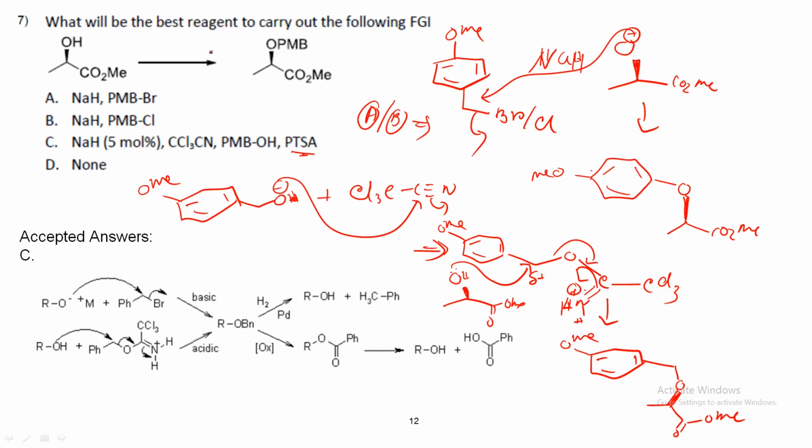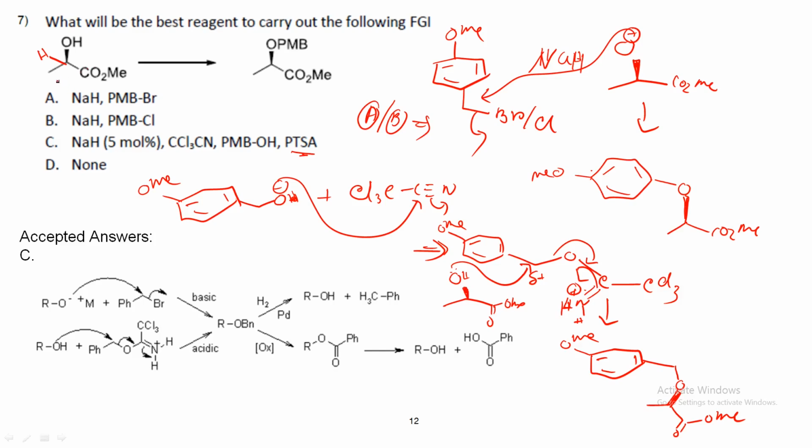But they are asking about the best reagent. So how can we choose what would be the best? You can see here we have an ester and here we have an acidic alpha proton. Here you can see the stereochemistry is intact, meaning we need to maintain this particular stereochemistry.